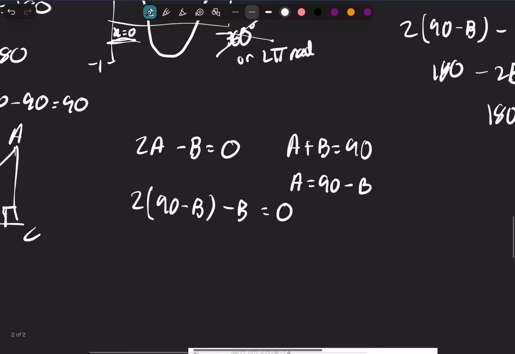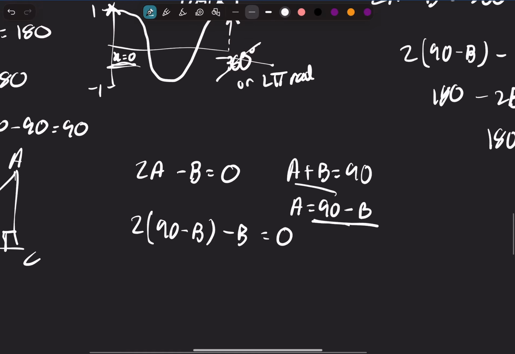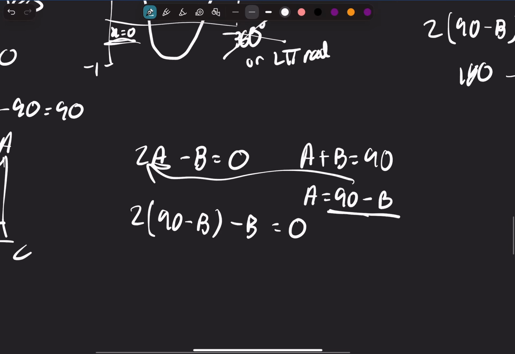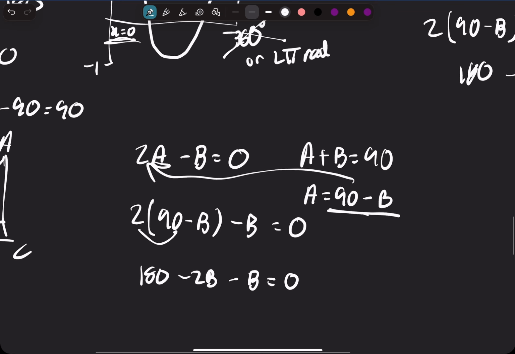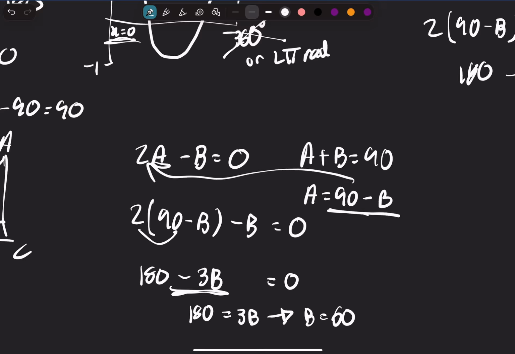So all I've done there is, again, substitute this thing in for a. Then we can expand this: we get 180 minus 2b minus b equals 0. Then we collect like terms, so that's 2b minus b, which is minus 3b. Now we can move the negative 3b to the other side by adding 3b to both sides. So we get 180 equals 3b, and that means that b equals 60.